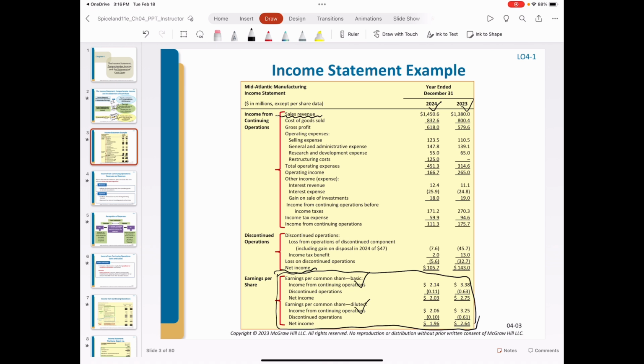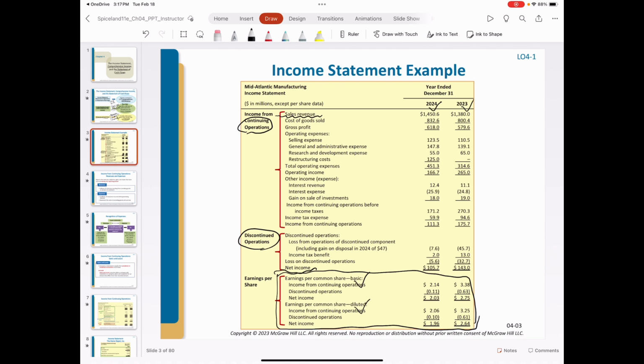In this example, the company reports either the income from continuing operation or discontinued operation. A discontinued operation represents the after-tax gains and losses from discontinuing this operation.